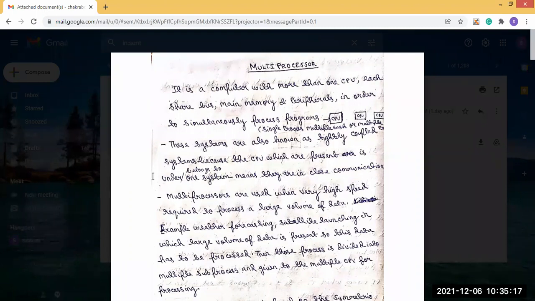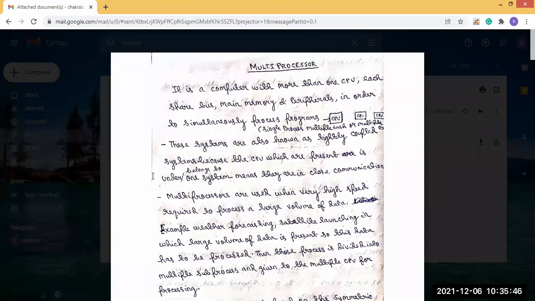In the multiprocessor system, there will be more than one CPU or processor, but the other resources will not be more than one. That is, the bus, the memory will be one. The shared bus, main memory and peripherals will be single. Only the CPUs will be more than one.